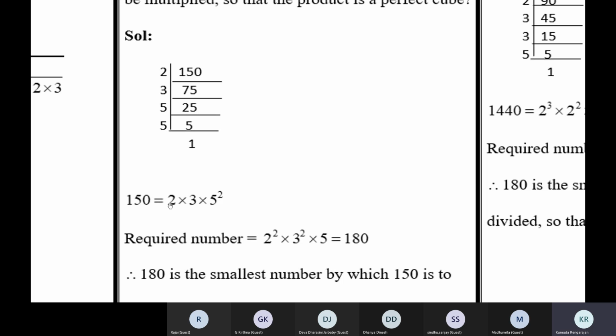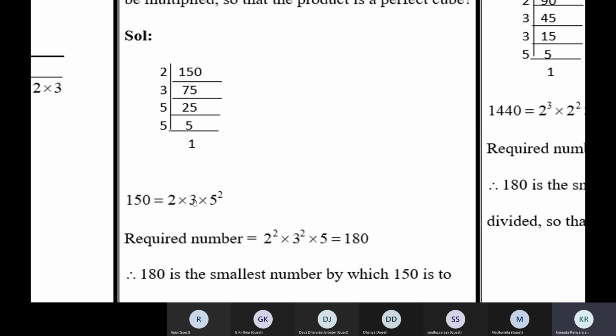That is, this factor 2 is not raised to the power 3. It needs 2 more 2's. If this 2 to the power 1 should be written as 2 to the power 3, you need 2 square. You need 2 into 2.